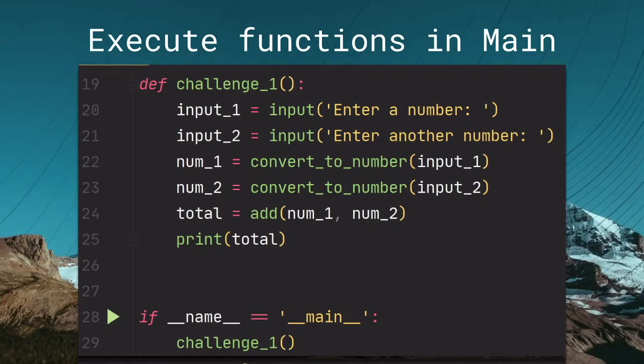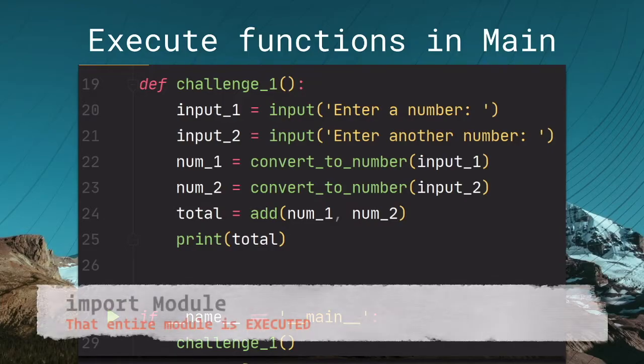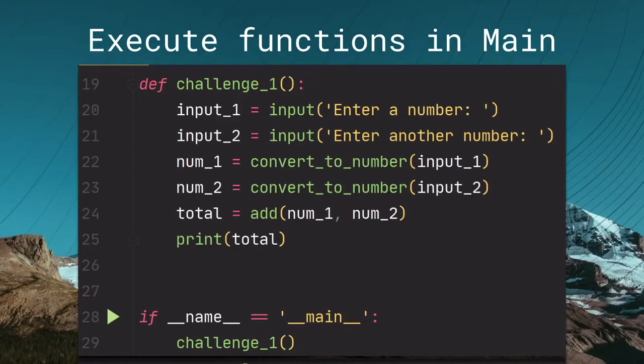This block is specifically built to avoid problems. What problems, you ask? Well, something very important to know is that whenever you import a module, the entire file is executed. Keep this in mind because this will cause weird errors or behaviors if you forget to use the main block.